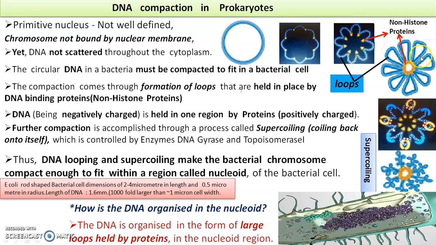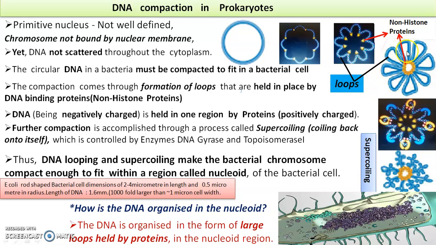So when such loops are formed, you can see the non-histone proteins holding the loops together. There are many other factors holding them together, but I am limiting the knowledge to 12th class students. So these non-histone proteins help in the formation of such loops and they hold them in place together.